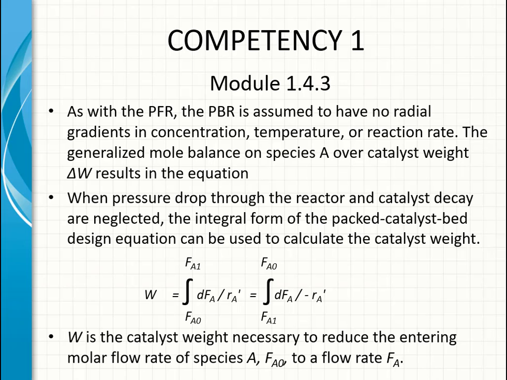So we will have the integral from FA1 to FA0 of dFA divided by minus RA prime. And W is the catalyst weight necessary to reduce the entering molar flow rate of species A, FA0, to a flow rate FA1.